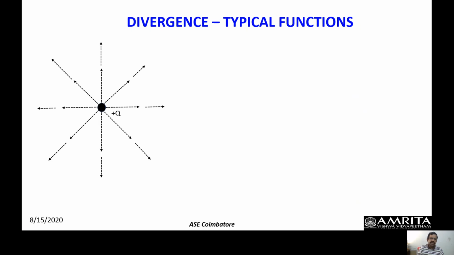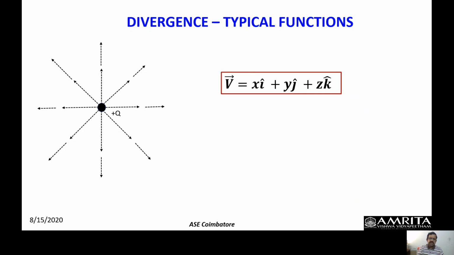We'll see that. So let us take the first example where the field lines radially emanate from the positive charge, and we can represent this radial function as vector v equal to x i hat plus y j hat plus z k hat. So it's a position vector from origin, a radial vector, and depending on the point, I can substitute the point and get the corresponding vector function.